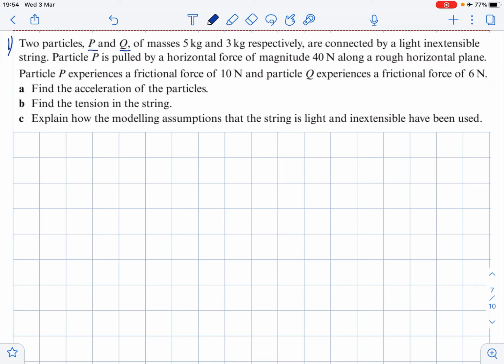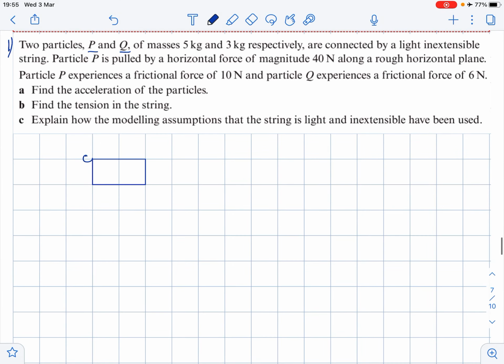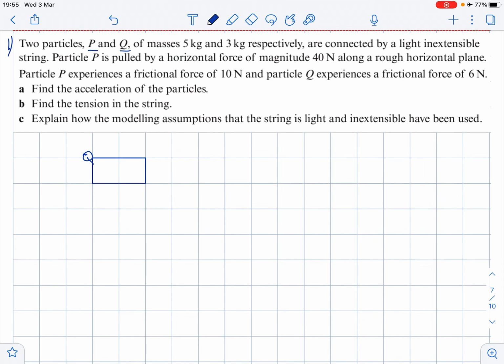I have a particle, let's call this particle Q, and I have another particle P. So the mass of P is 5 kilograms.